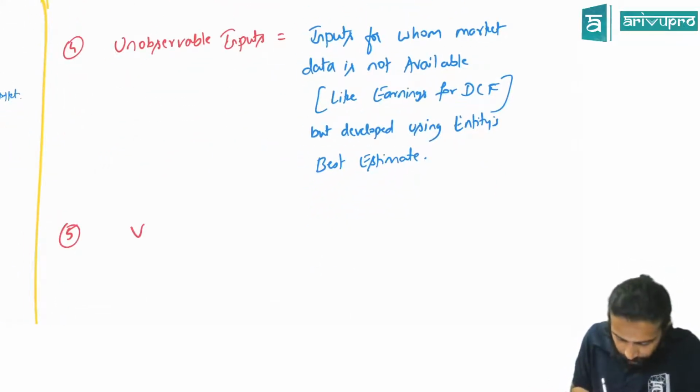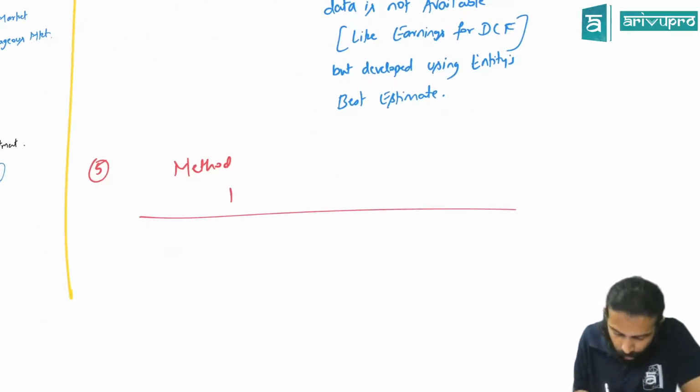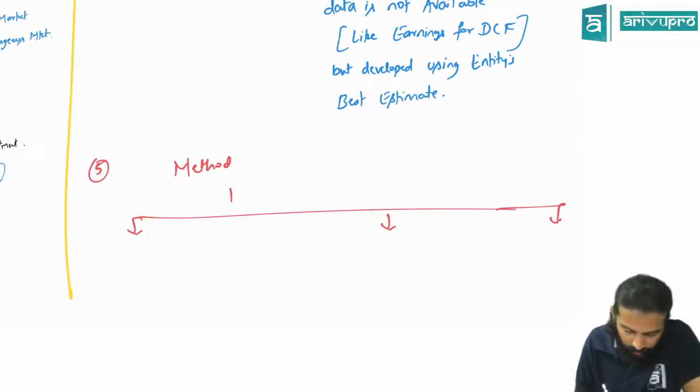You can write valuation technique or methods, or approach. There are 3 approaches allowed under valuation technique. For liability, only 2, correct? But for others, you can go for 3. One is market approach.